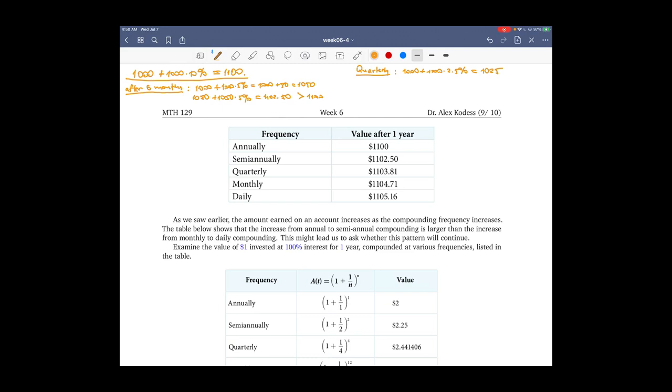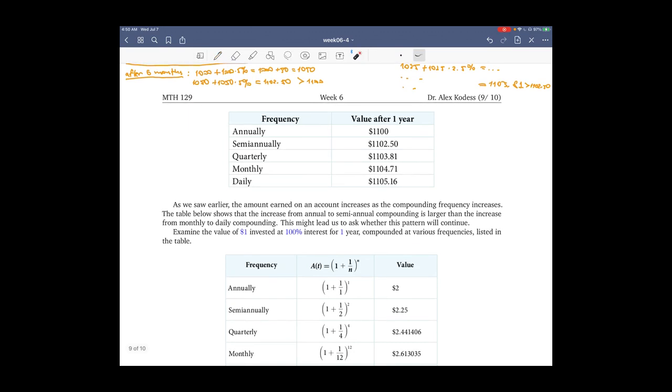After another 3 months, you're going to have $1,025 plus $1,025 times 2.5%, whatever it is, and 2 more computations. You will end up with $1,103.81. And that's greater than the sum that you get when you compound semi-annually. It seems like the more frequently you compound, the more money you get.